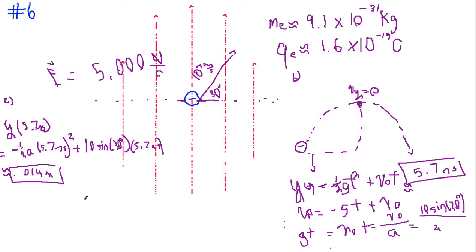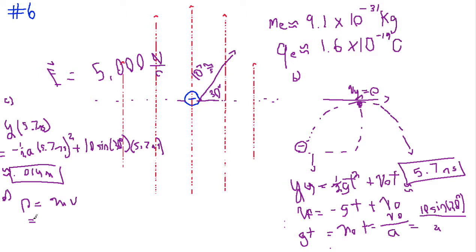D, it's asking what is its momentum at the maximum height. Fairly simple. The momentum, P, that's just its mass times the velocity. At the maximum height, the y value of the velocity is going to be 0, but not the x value.